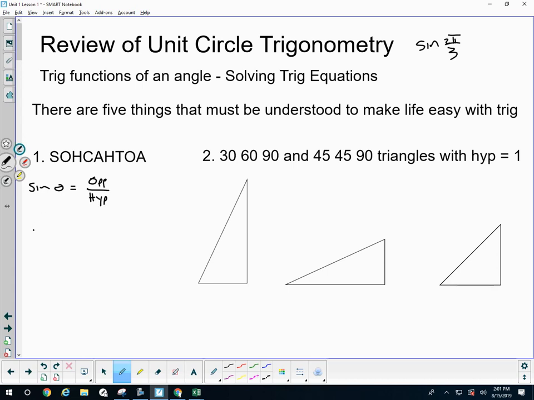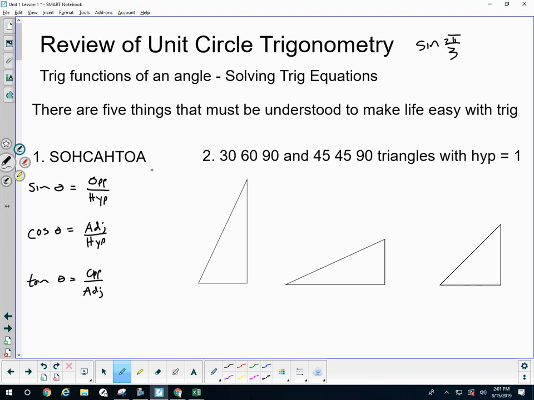The cosine of an angle in a right triangle is equal to the ratio of the adjacent side divided by the hypotenuse with respect to that angle, so the adjacent side to the angle. TOA, tangent, is equal to the ratio of the opposite side to that angle in a right triangle divided by the adjacent side.